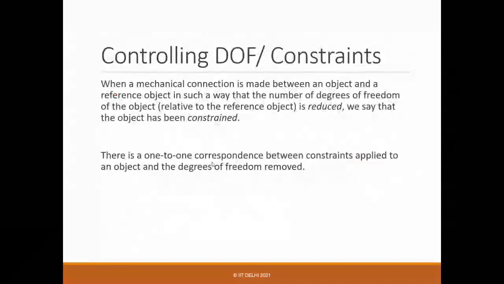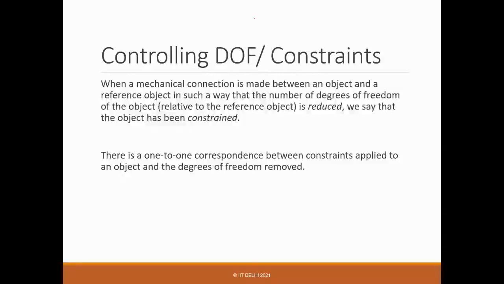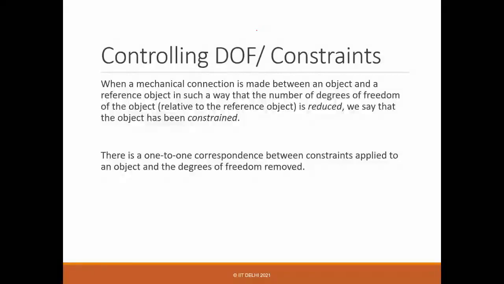When we say controlling degrees of freedom, we also mean we are talking about constraints, right? How many constraints to put so that we get certain degrees of freedom. When you make any mechanical connection between certain objects, there will be a relative motion between the two objects, and a reduction in degrees of freedom, because both will move with respect to each other in certain ways.